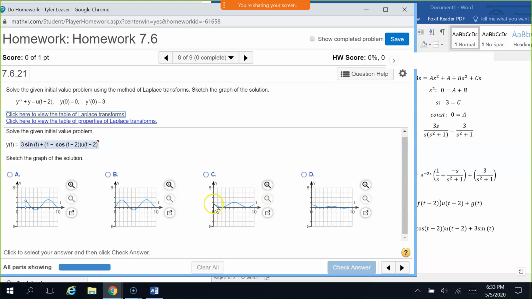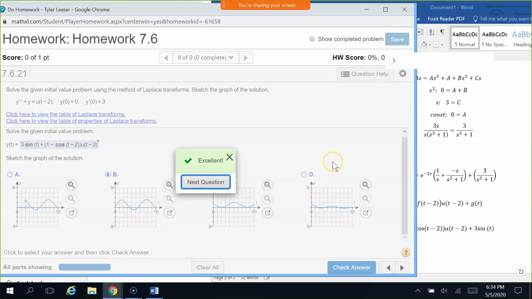Can't be C, right, because C does not start off as 3 sine t, because it's starting up, where 3 sine t starts at 0. It looks like D's doing the same thing, right? It's not starting at 0. Okay, I changed my mind about B. It's got to be B. It starts off as 3 sine t, and then this function kicks in at 2, and then it does some weird stuff after that.